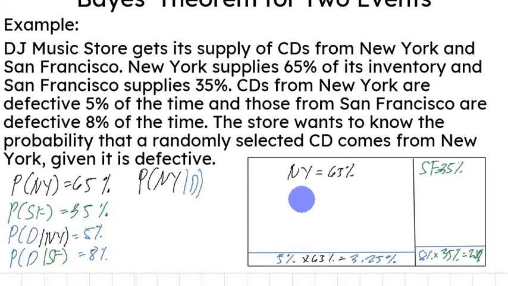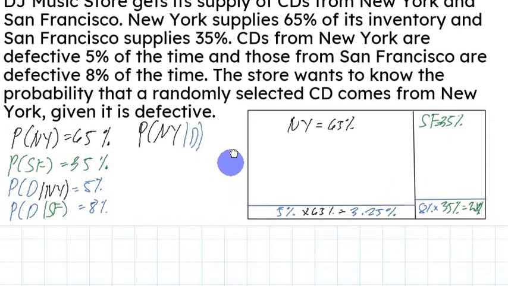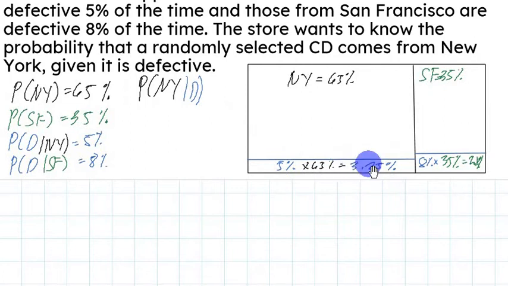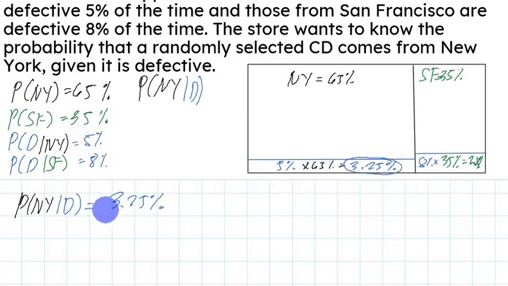So that meant the probability of the CD coming from New York, given it's defective, would be this percentage, 3.25%, all over the total percentage of defectives, which is 3.25% plus our 2.8%.